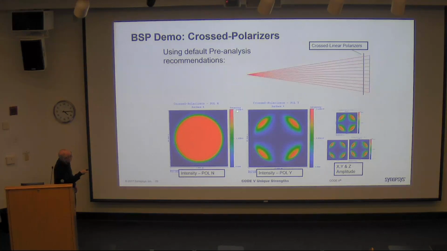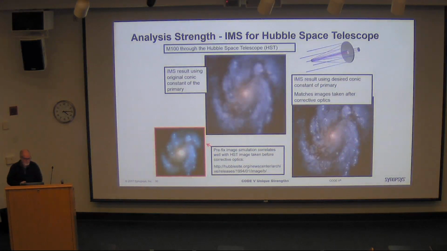You can see here, this is like e to the -3, this is e to the -9 or something like that. So it's a very small amount of energy, but you can essentially do an accurate polarization analysis. You can even look at the X, Y, Z, radial or azimuthal components. So if you are working with polarization studies, beam synthesis propagation can help you there.